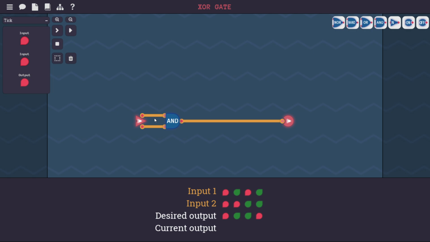If they're different, that's when we fire a 1. But right now they're the same, so off. And if they are all true, they're the same still, we are supposed to fire a 0, right? So again, how do we do that?